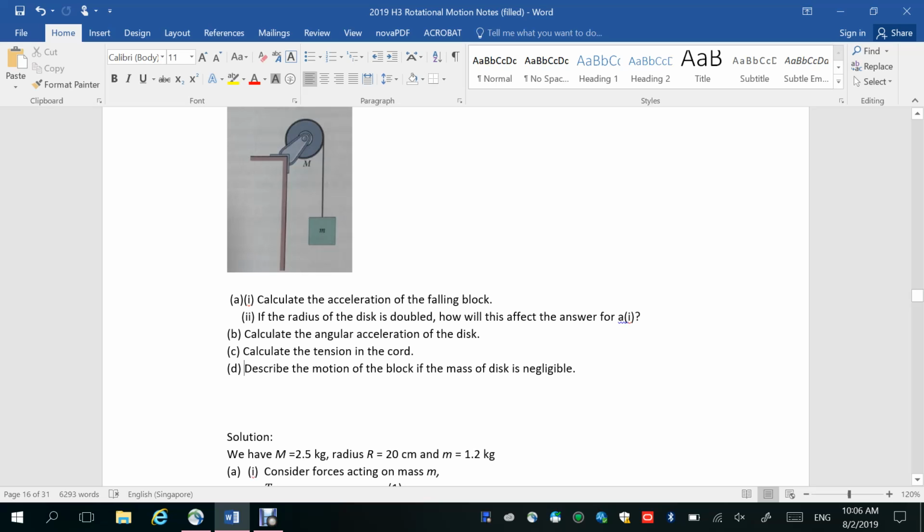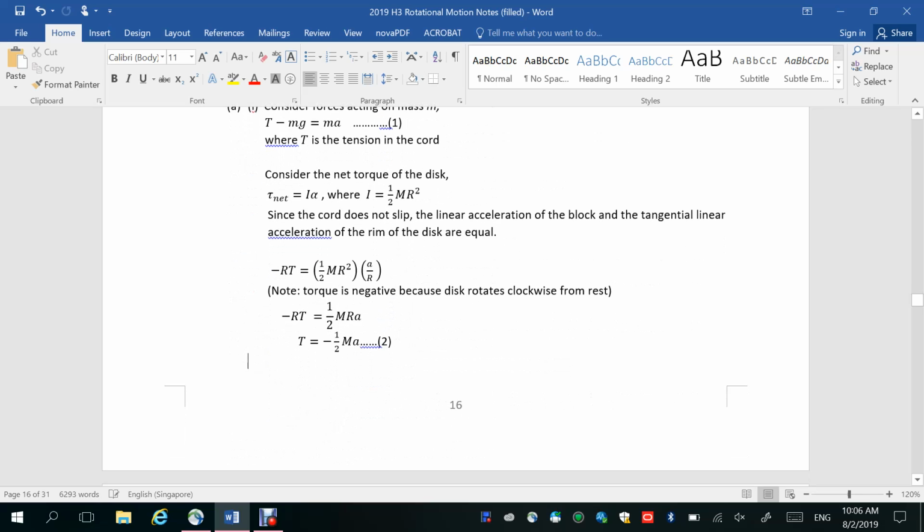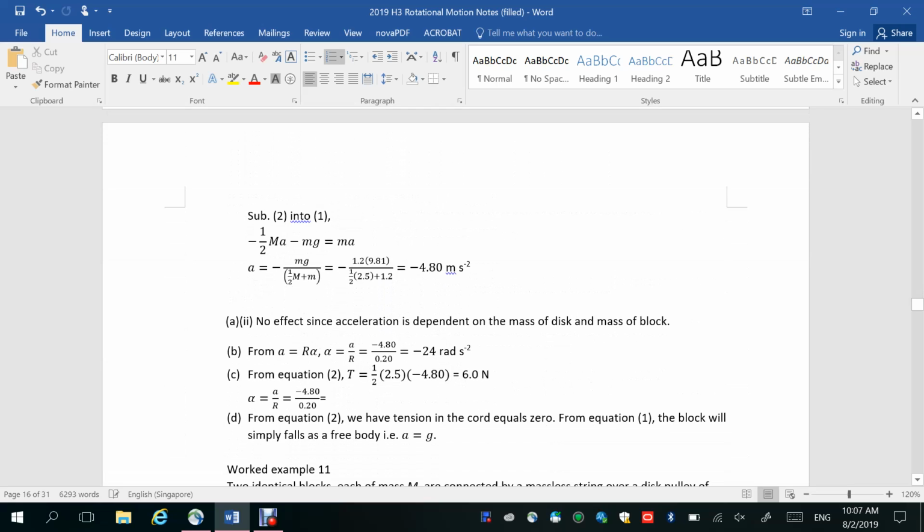With respect to the small m, the tension is anti-clockwise. So I can just take either one. Whether positive or negative is not very important. Again, if you find the sign confusing, you can just ignore the sign. And this tension is 6 Newton.